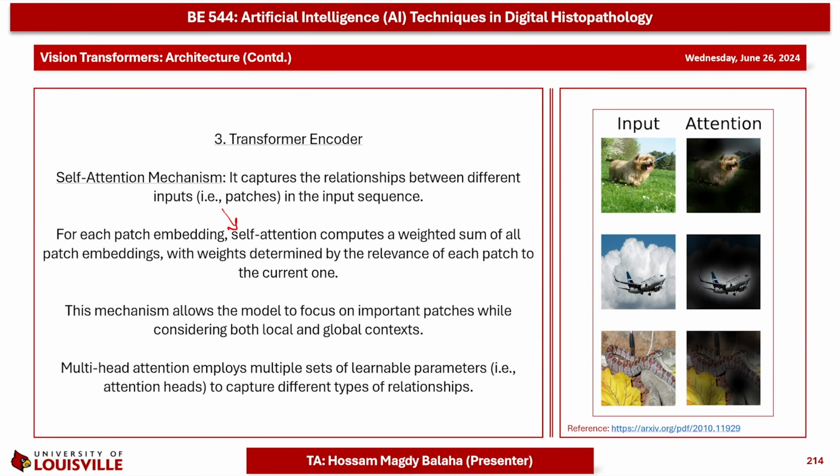By doing that, this mechanism will allow the model to focus on important batches while considering both local and global contexts. Talking visually, in the right figure, if we have an input like that, the attention means you are focusing on some parts of the image, or a set of batches if you are splitting it into batches, and it will focus on a set of batches more than others by adding more weight to some batches than others.